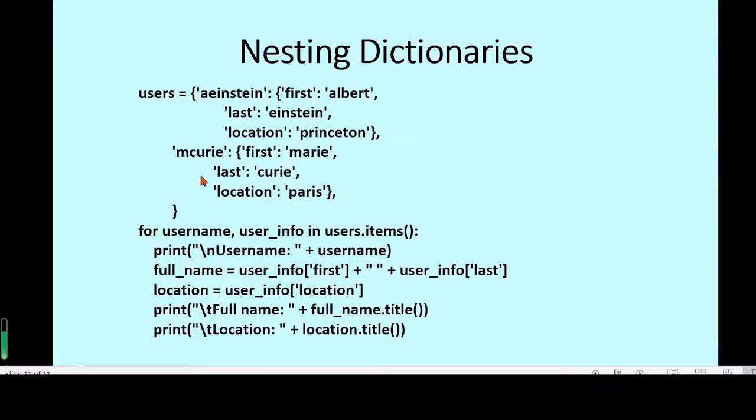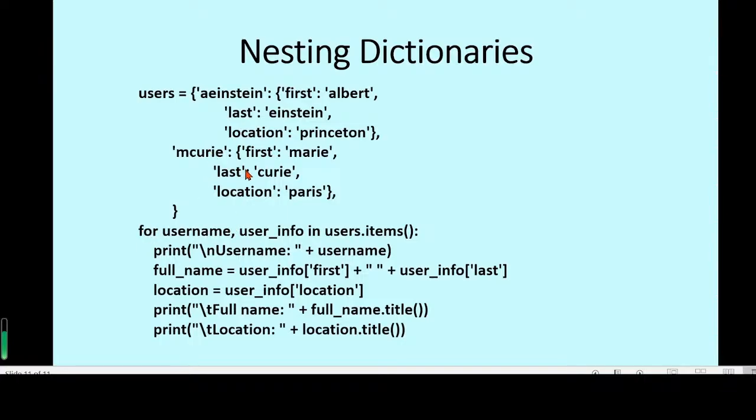Inside this dictionary, for the key Einstein, who is a person, we store another dictionary as the value of this key. And for Marie Curie, we store another dictionary as the value of this person.